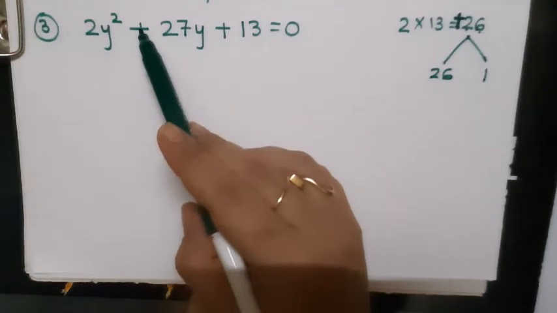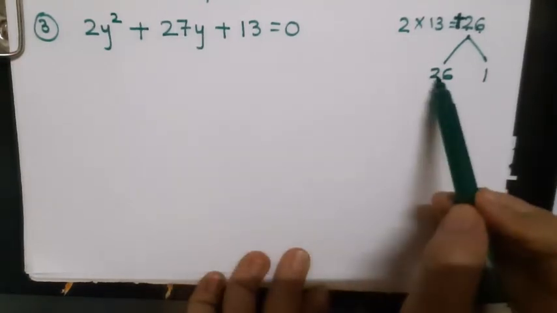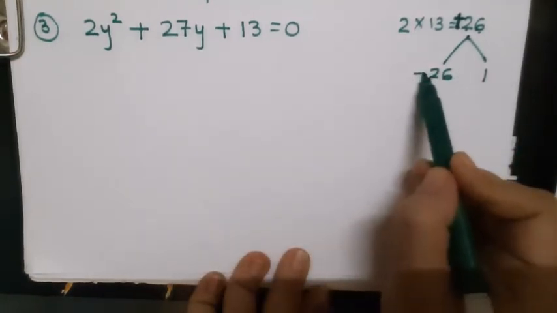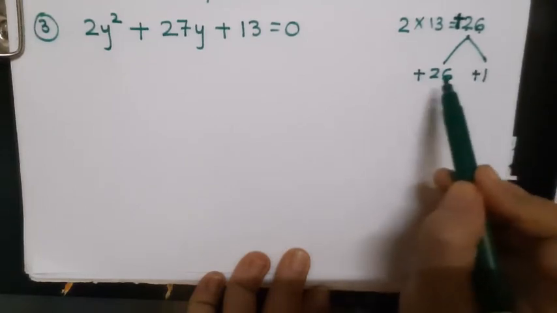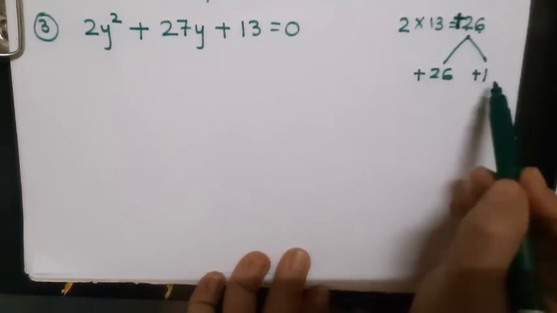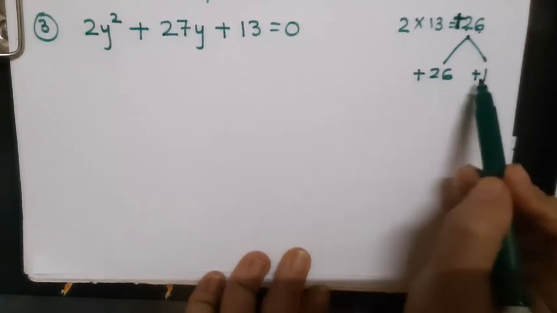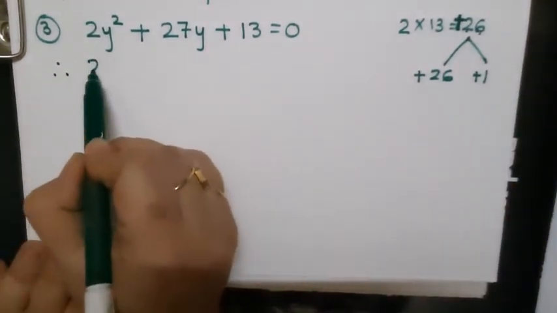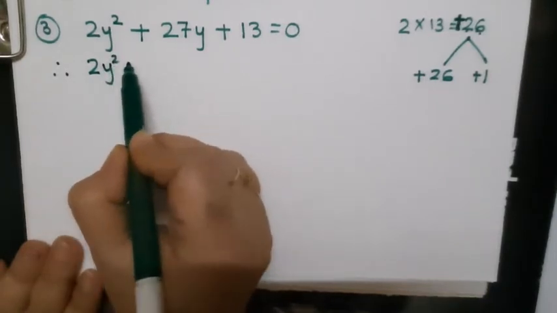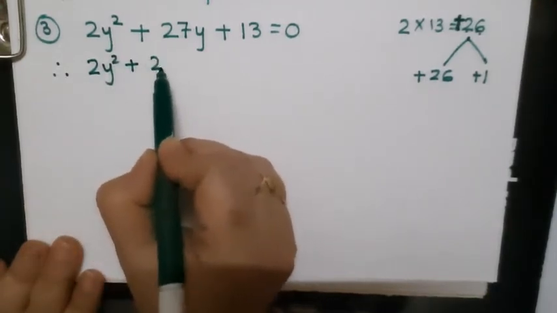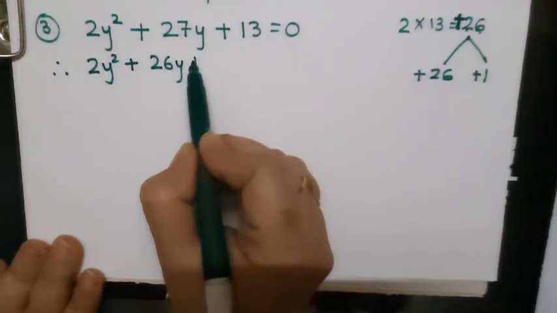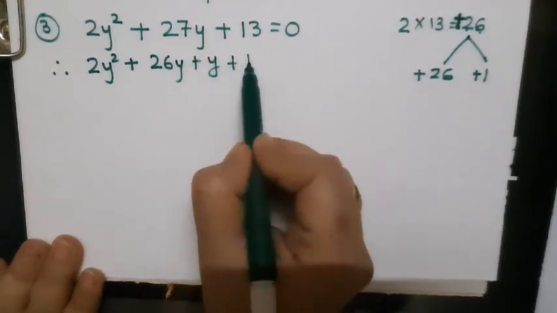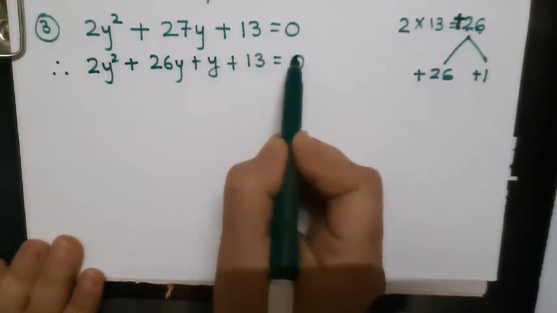Now what is the sign of the middle term? Plus. So both the numbers will also be plus. So it is plus 26 and plus 1. So these are the factors. Now let us split the middle term. So we will write 2y square plus 26y plus y plus 13 is equal to 0.